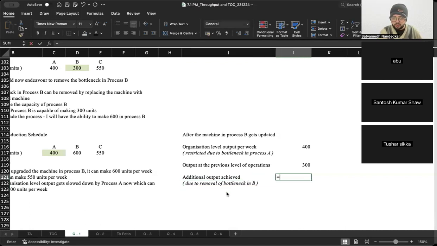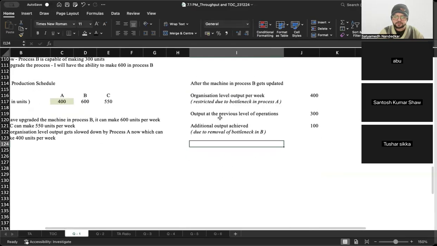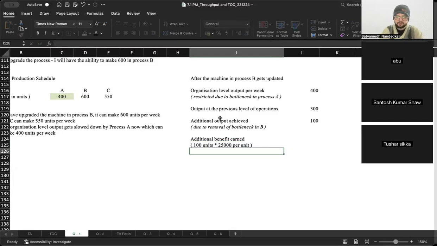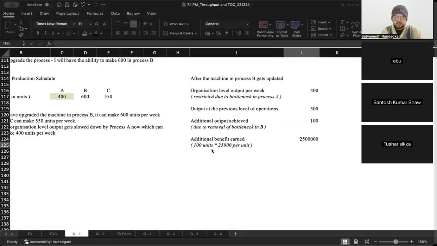You have been able to make 100 units. So what is the additional benefit on 100 units into 25,000 per unit? This is the additional benefit that you have earned.